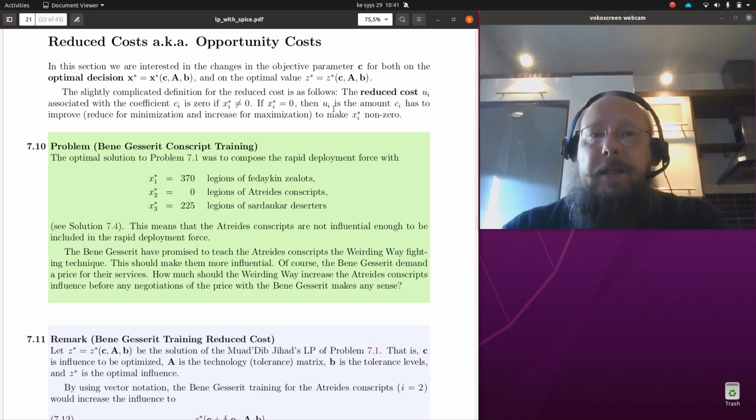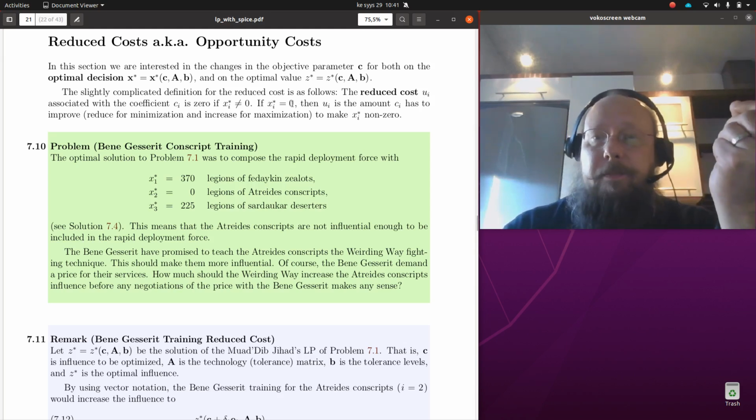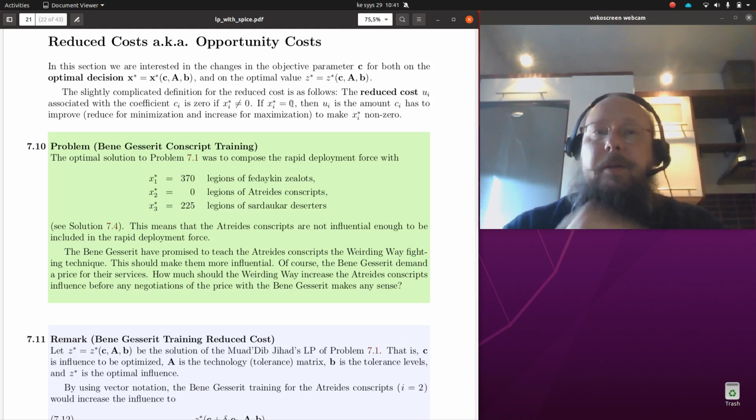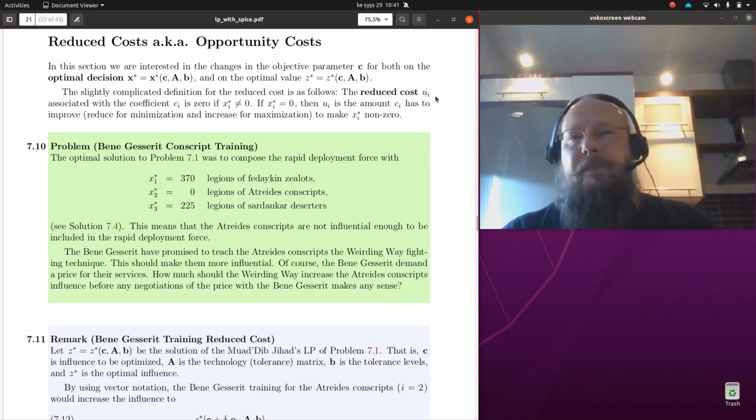If x_i star is zero, it means that it costs too much. We are not going to do it, so we have to reduce the cost. And how much do we have to reduce the cost? Well, that's the reduced cost, hence the name u_i.